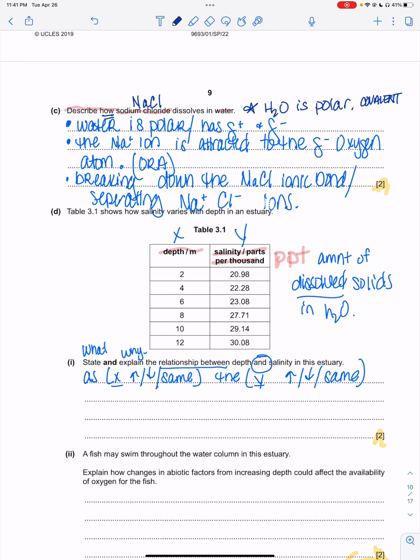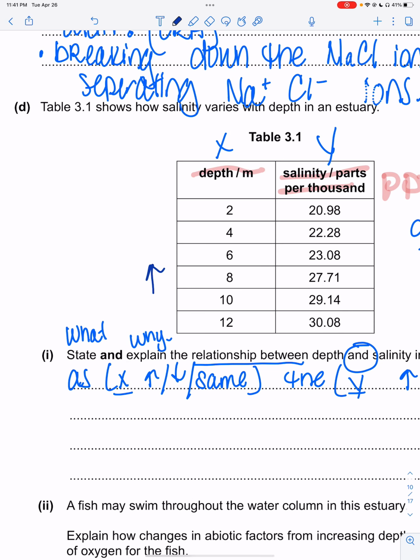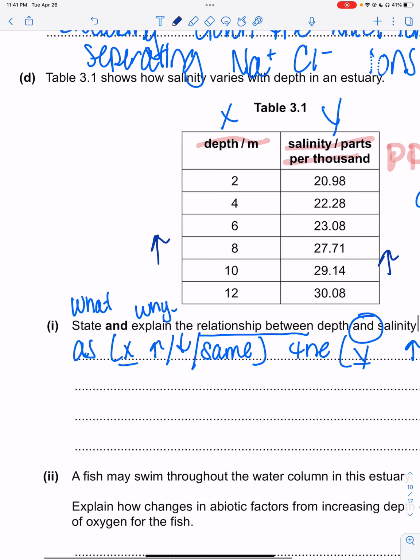So depth 2, 4, 6, 8, 10, 12 is continually increasing. And then salinity 20.9, 22.2, 23, 27, 29, and 30 is also continually increasing.